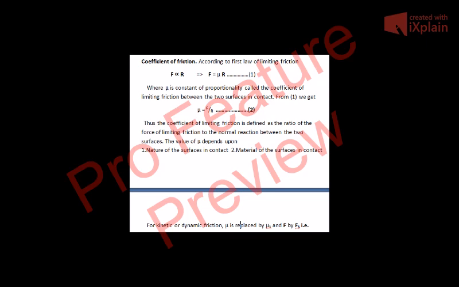So, according to the first law of limiting friction, F is directly proportional to R, that is normal reaction.